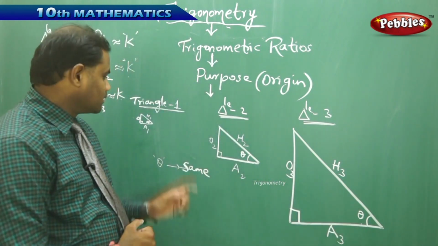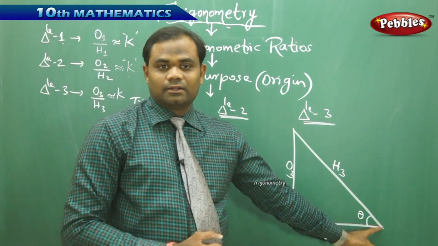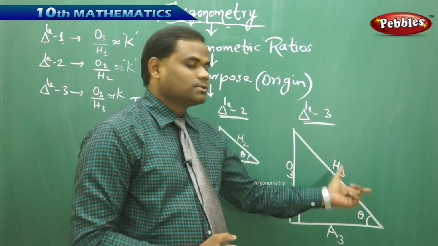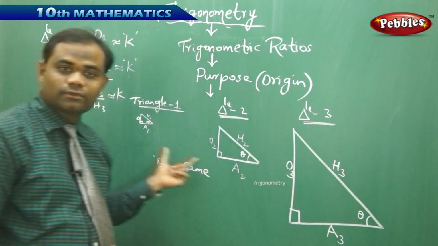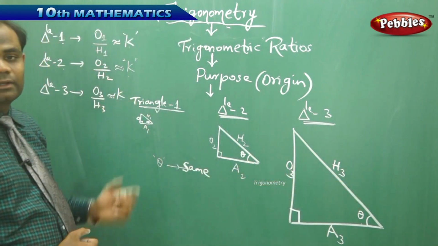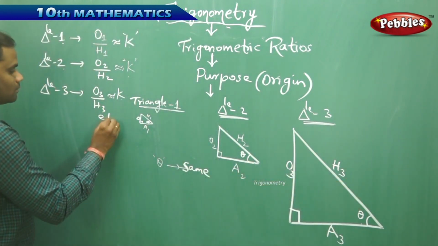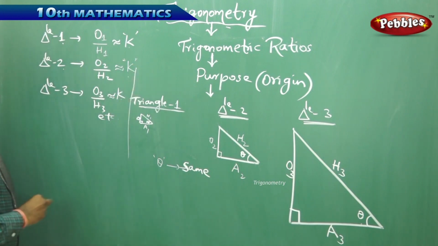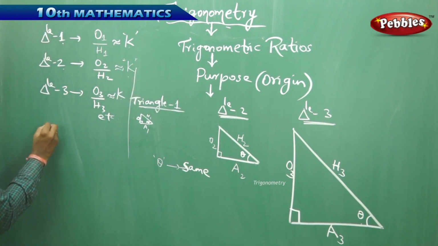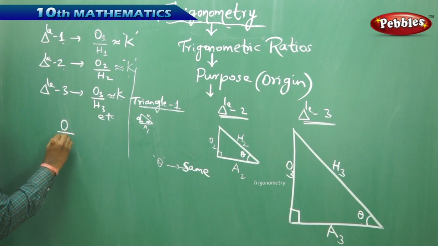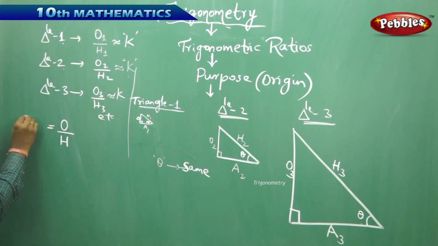In a right angle triangle where theta is the same, there was some relation between the opposite side and hypotenuse of each of the triangles, where all of them were k. So the mathematicians started calling that opposite by hypotenuse as sine theta.